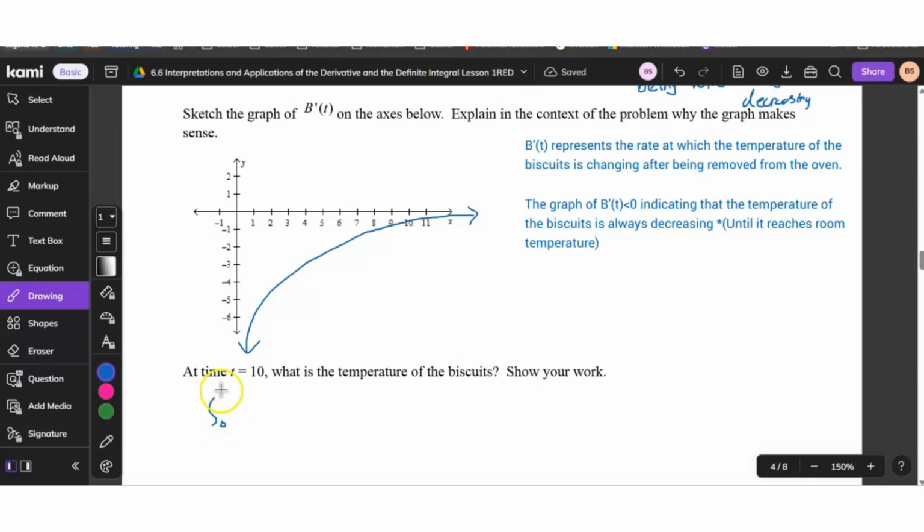So I'm going to integrate from 0 to 10, because I know 0 and I'm looking for 10, of my function, which is negative 13.84 e to the power of negative 0.173t dt, is equal to B of 10 minus B of 0.